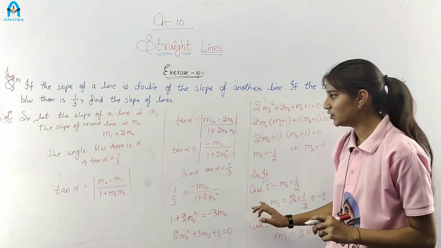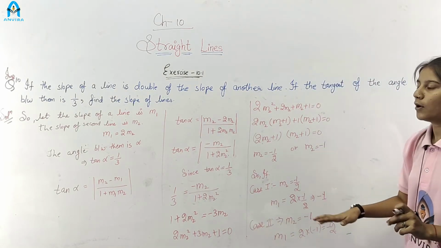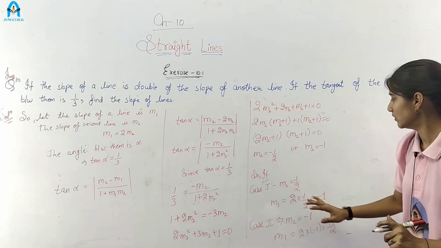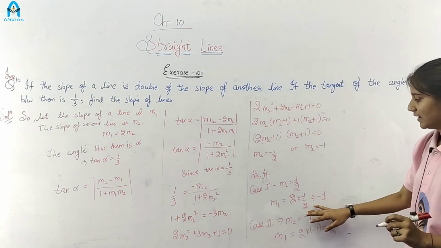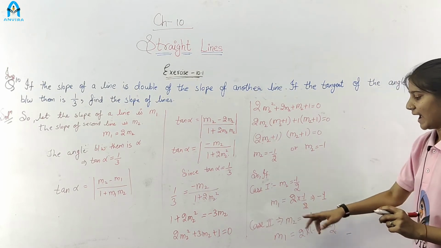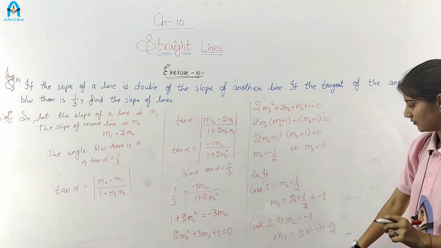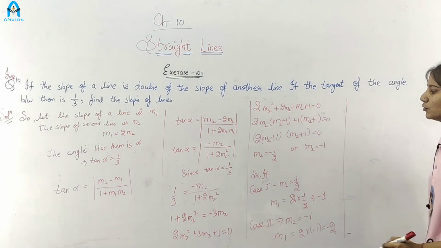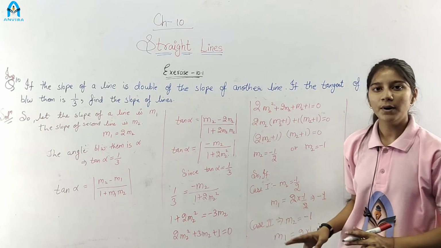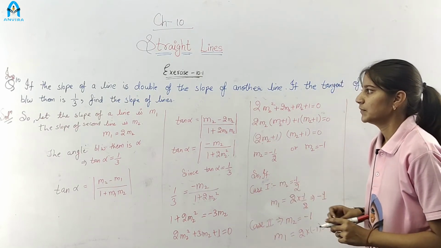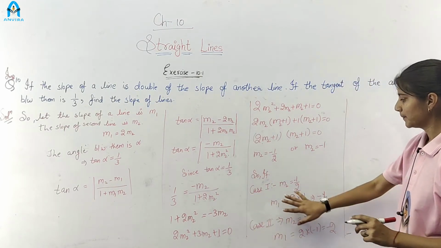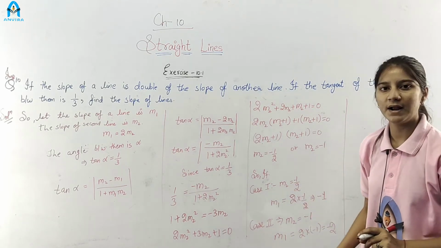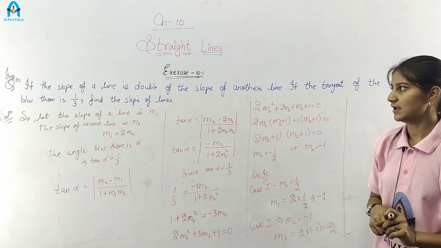So the required slopes of the lines are m1 is equal to minus 1 and m2 is equal to minus half, and if m2 is minus 1, then m1 is equal to minus 2. They both are double to each other. So the required slopes are minus 1 and minus half, or minus 2 and minus 1 for the second case.